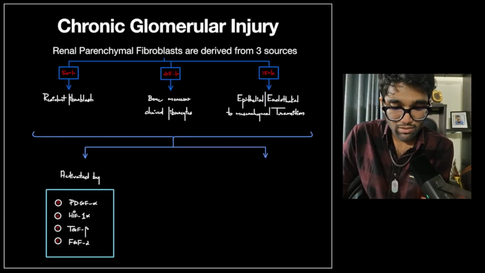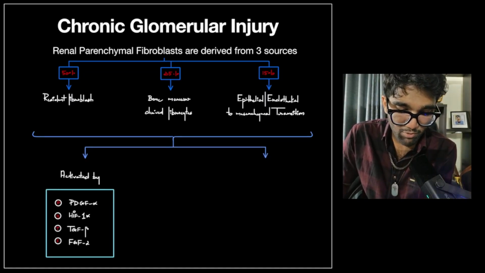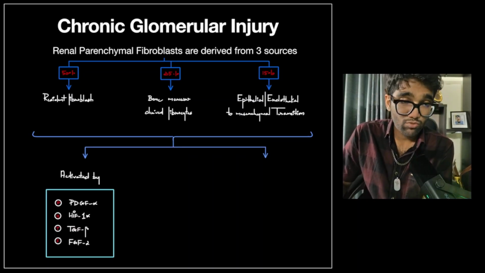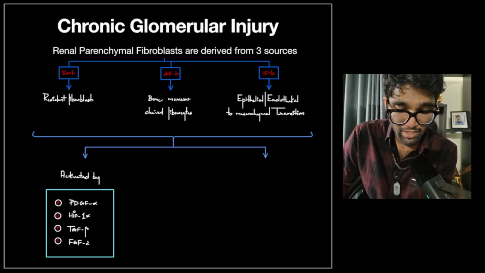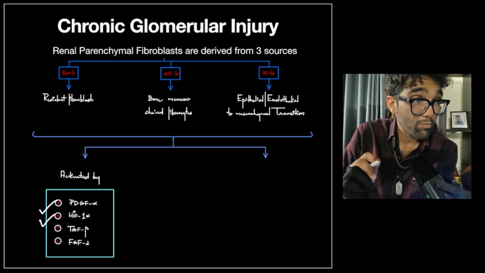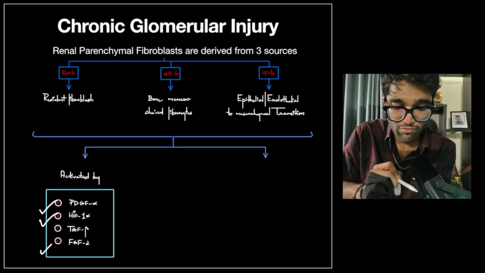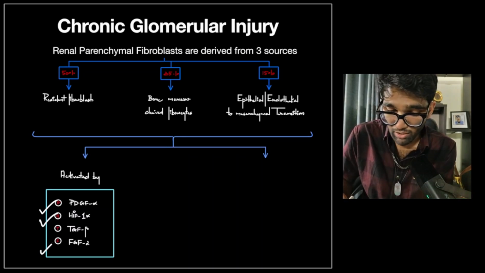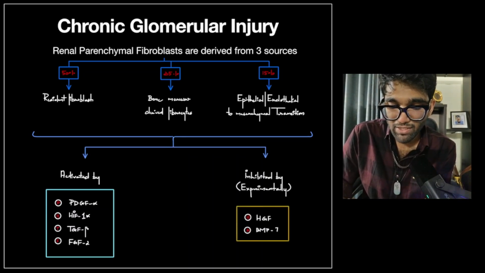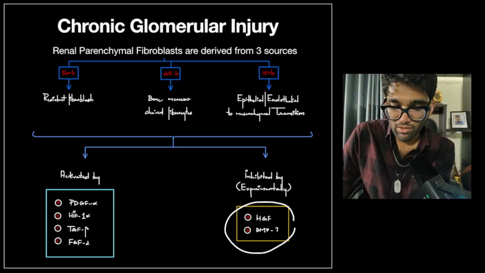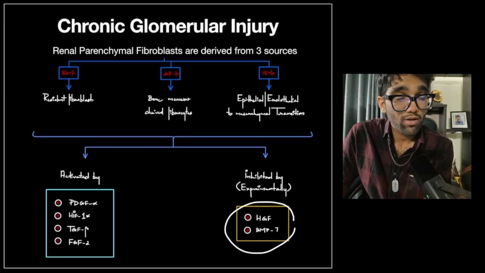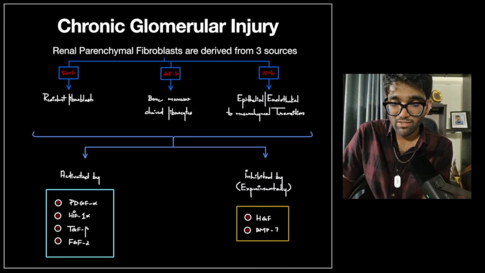these are what are present. So as I described already, hepatocyte growth factor, FGF2, TGF beta, as well as platelet derived growth factor, hypoxia inducible factor 1 alpha, and FGF2 are also responsible for further activation of these fibroblasts, and these are inhibited by two distinct factors, that is hepatocyte growth factor and bone morphogenetic protein type 7 signaling.